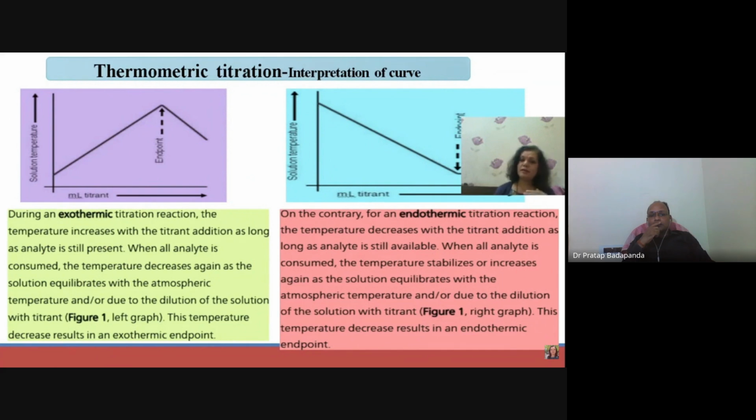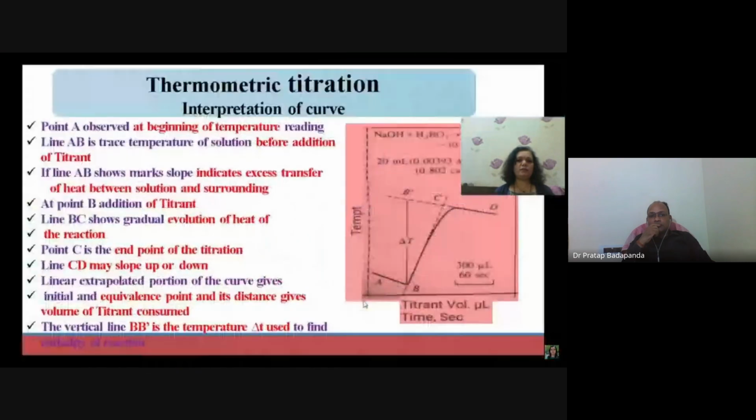Once the whole analyte is utilized to convert it into product, then excess addition of titrant from the burette will give a little bit of increase in temperature or it may remain constant. Extrapolation of these straight lines gives me the end point of a titration.